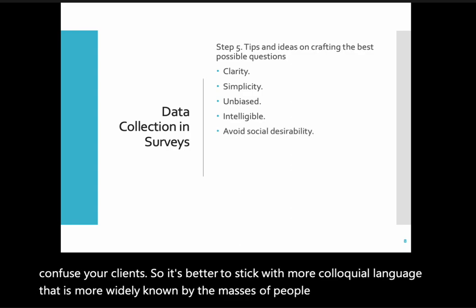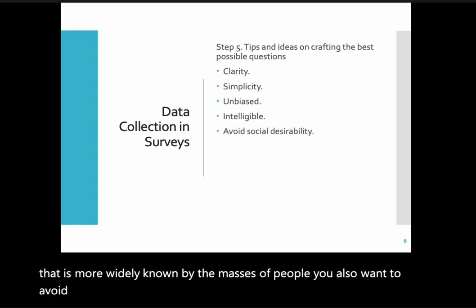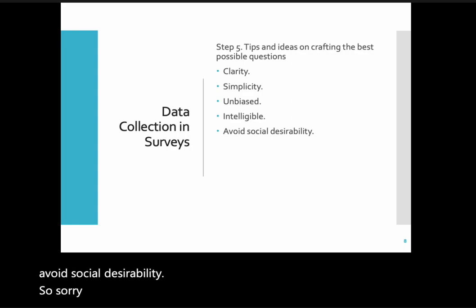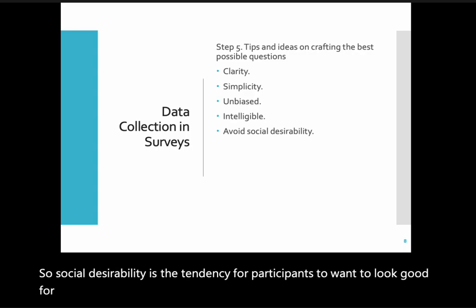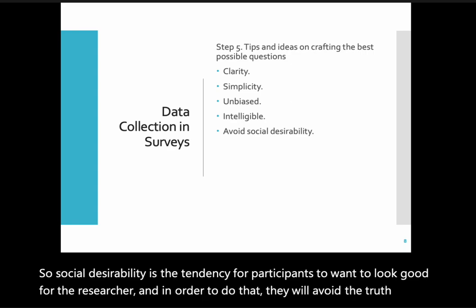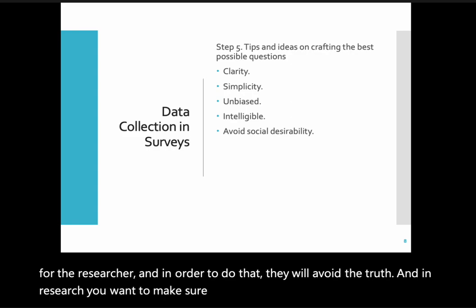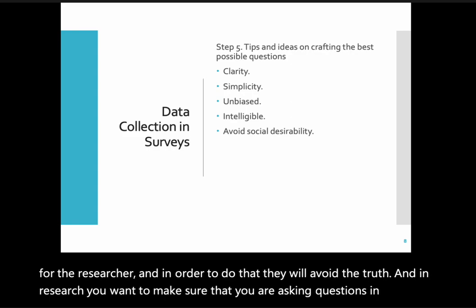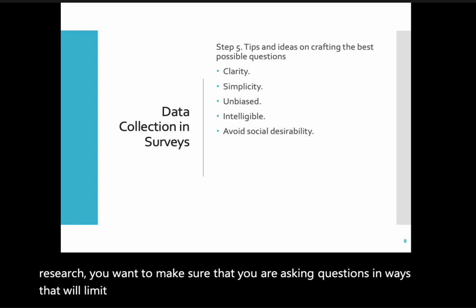You also want to avoid social desirability. So, social desirability is the tendency for participants to want to look good for the researcher. And in order to do that, they will avoid the truth. And in research, you want to make sure that you are asking questions in ways that will limit social desirability.